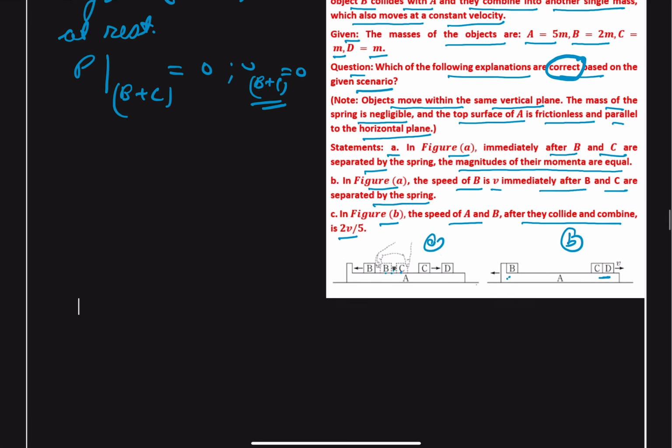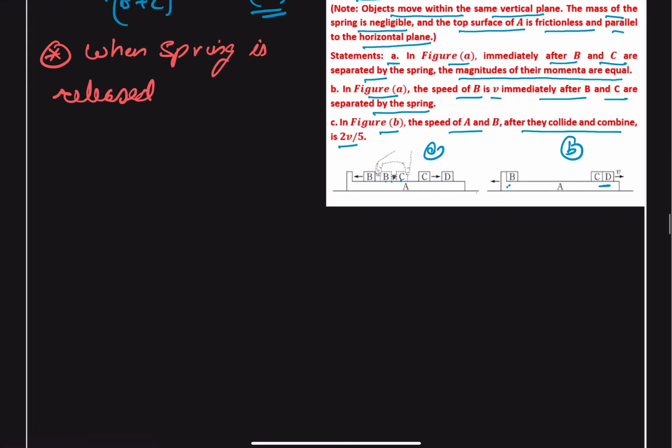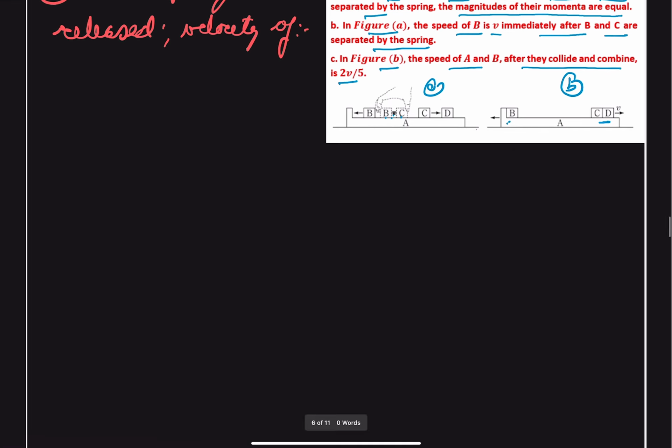So when the spring is released, velocity of B is taken as Vb and for C it is taken as Vc.